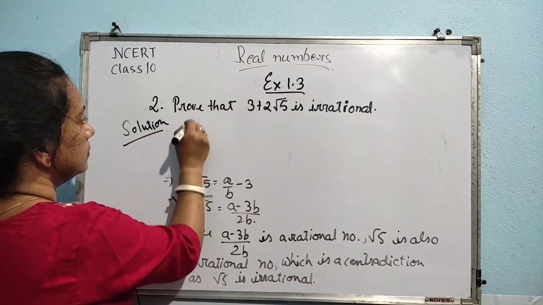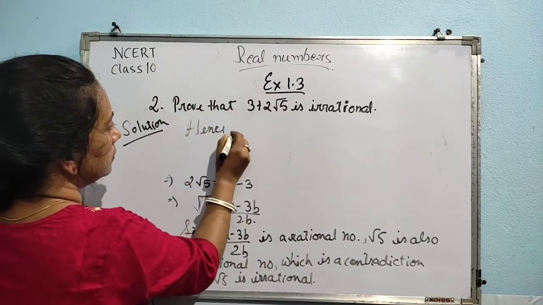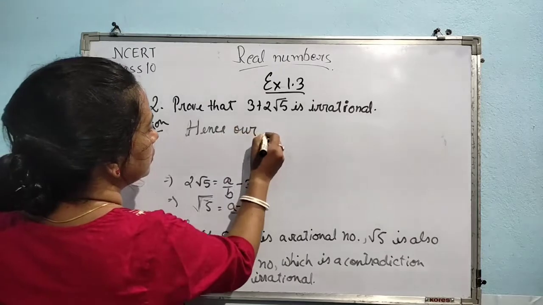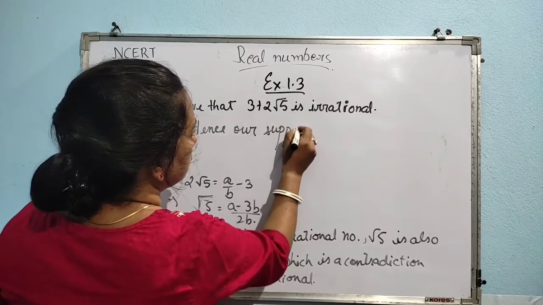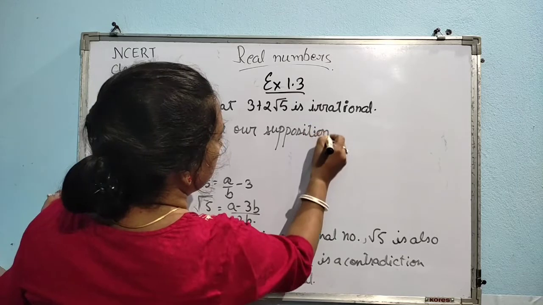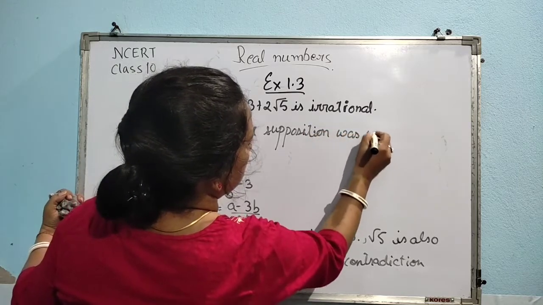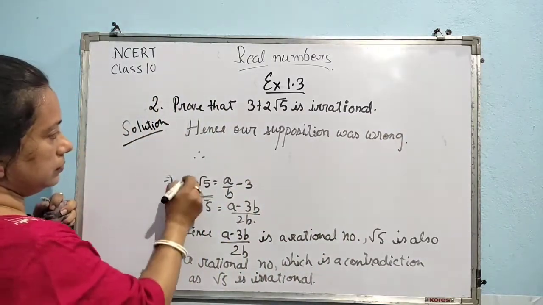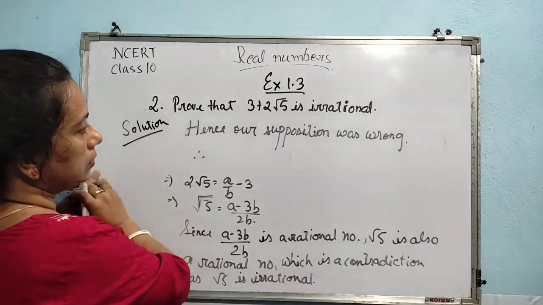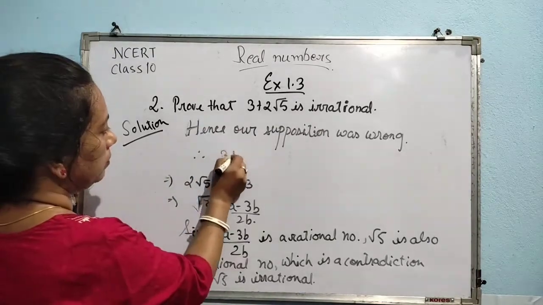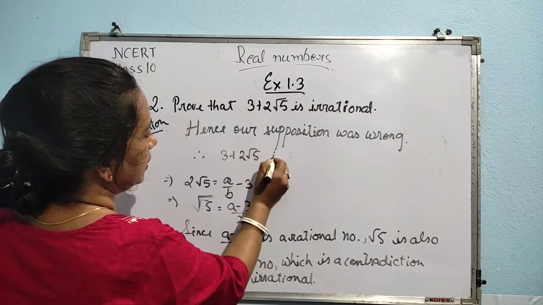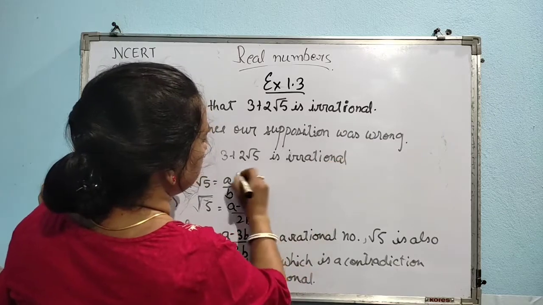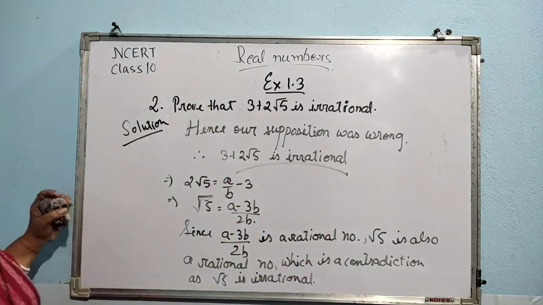Hence our supposition was wrong. Therefore, 3 plus 2 root 5 is irrational.